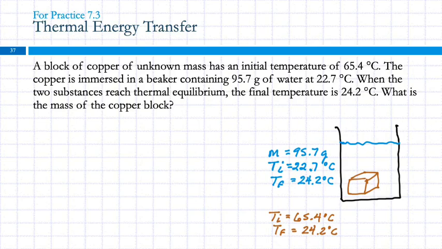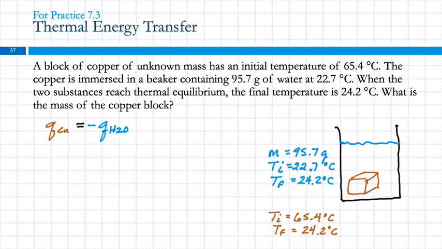So what we have here is Q for the metal, and I'm going to use a subscript here just to be clear. Q for the metal is equal to Q for the water, but there's a negative sign.